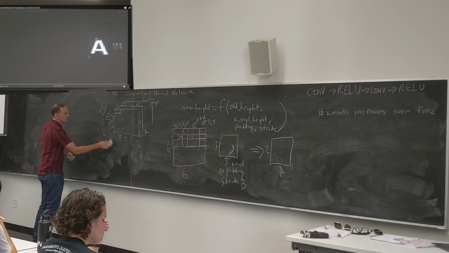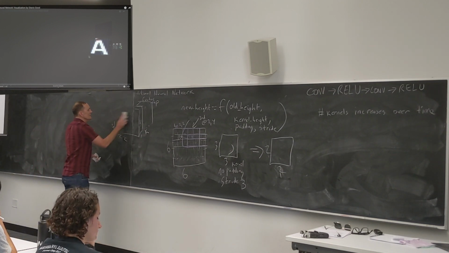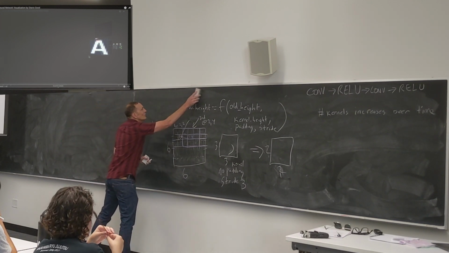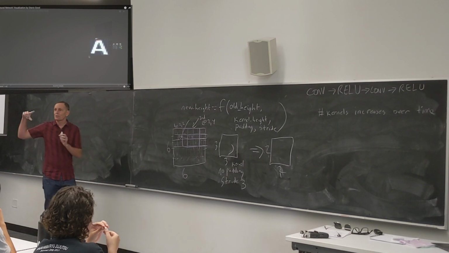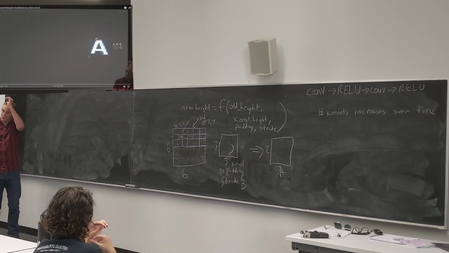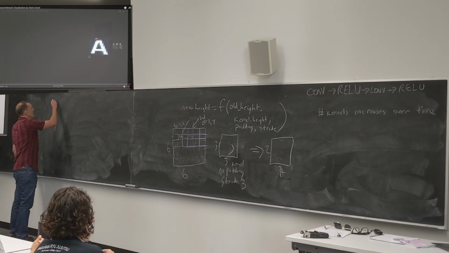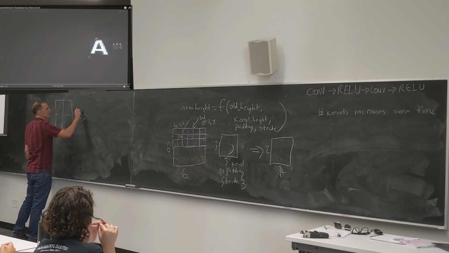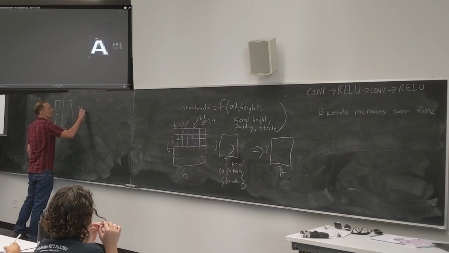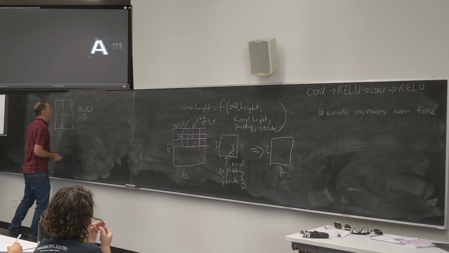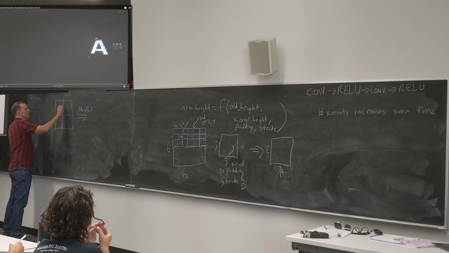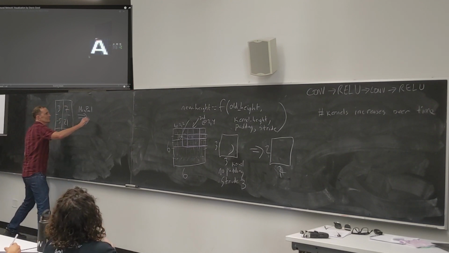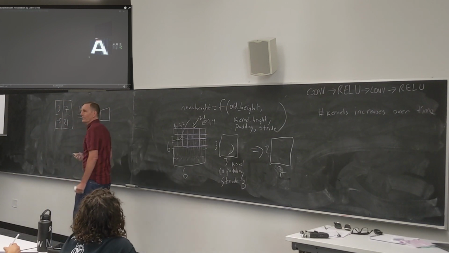So the pooling operation is basically going to take 4 pixels that are in a square and turn them into 1. Let's just look at the operation itself. Max pool takes four to 1.